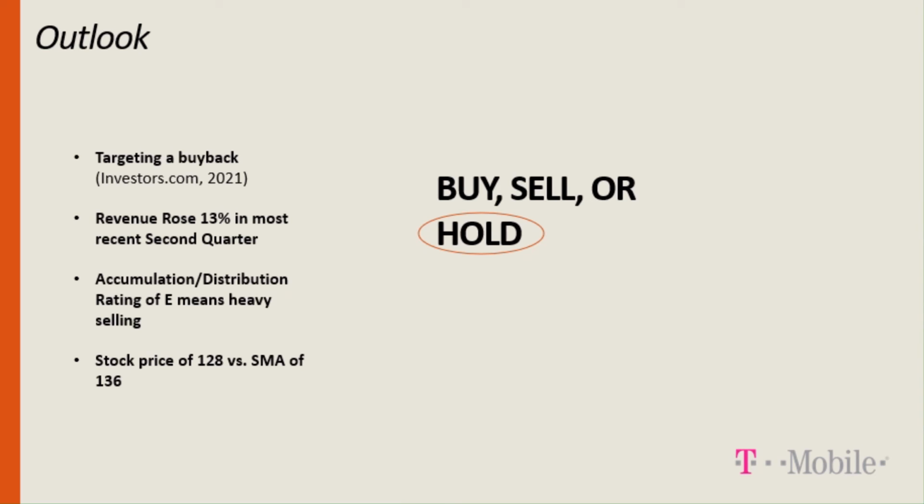Although right now the stock price is most recently valued at about $128 a share, there is a slow-moving average most recently of $136 a share. So the suggestion right now overall would be to hold any shares you have in this stock, and to wait until the company decides whether or not they're going to buy back more shares.